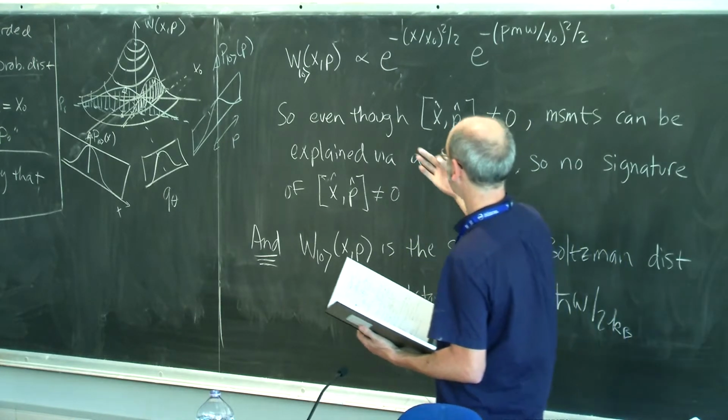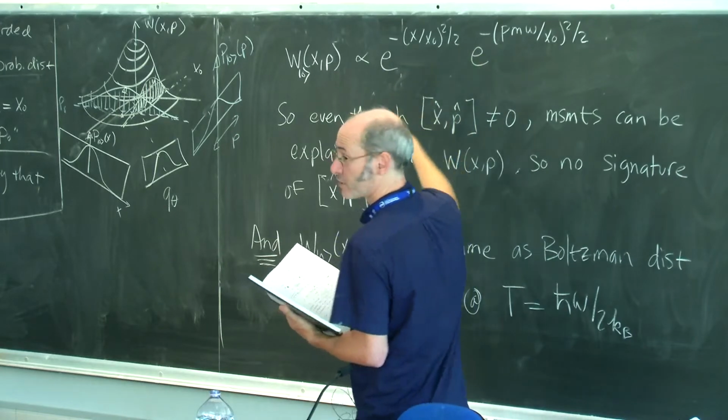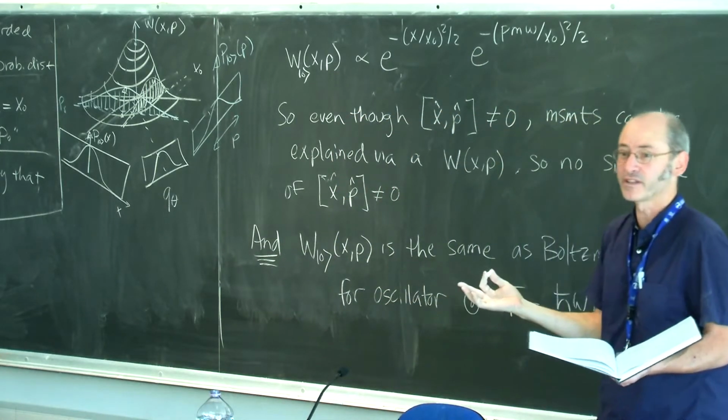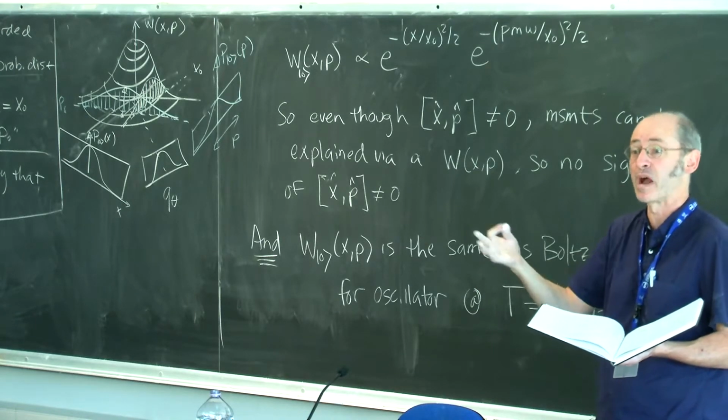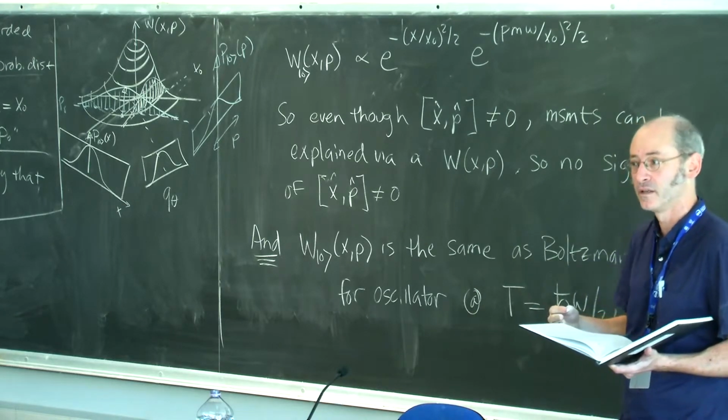Okay, so this analytic form of the Wigner function is definitely the same as the analytic form of the Boltzmann distribution, just the distribution of the Brownian motion of a harmonic oscillator.